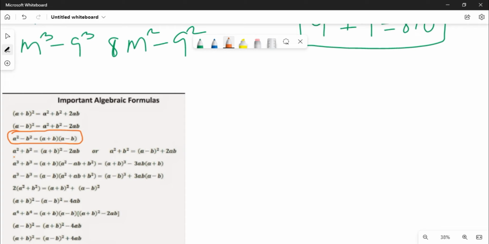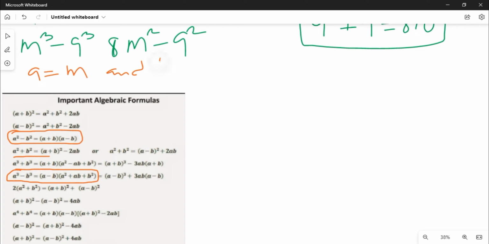And we're going to use a cube minus b cube, where a cube minus b cube will be equal to a minus b multiplied by a squared plus ab plus b squared. And remember, in this instance, a is equal to m and b is equal to 9.